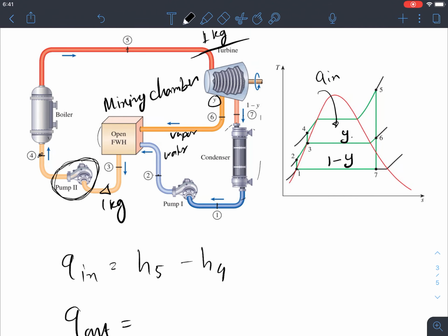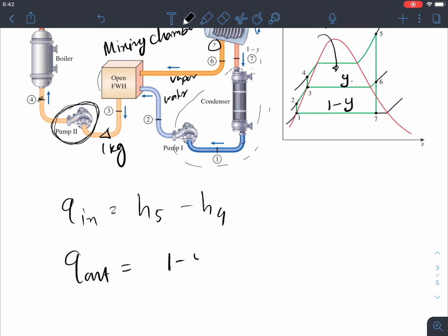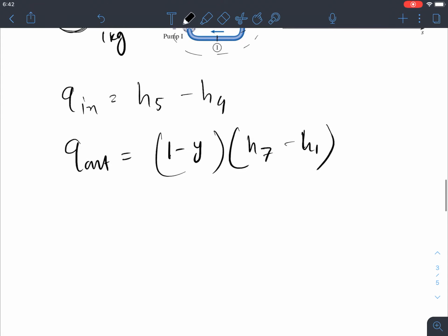The Q out right now is happening in the condenser with what amount of vapor? 1 minus y. So it will be 1 minus y times H7 minus H1. Okay, so this is Q out.